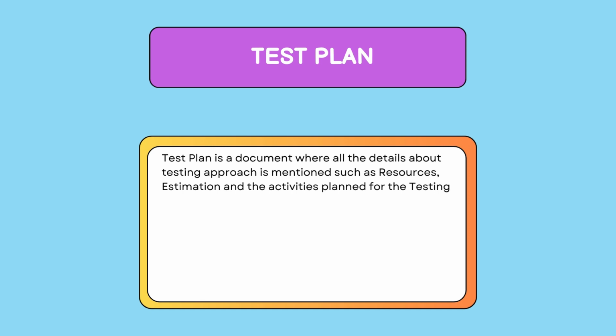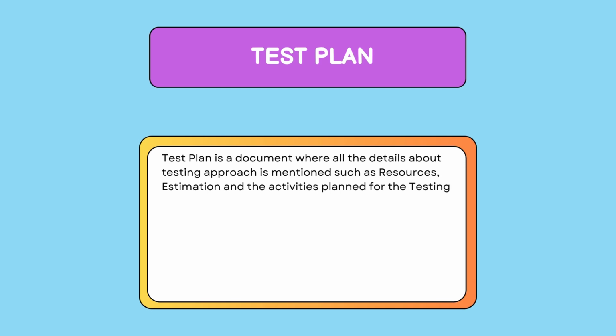So as I told, what approach you will follow while testing, what methods you will use, which types of testing and activities you will perform, and what estimated time you need to perform all kinds of testing. This is called a test plan. Simple.